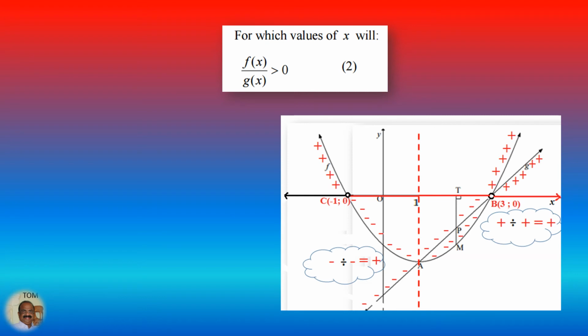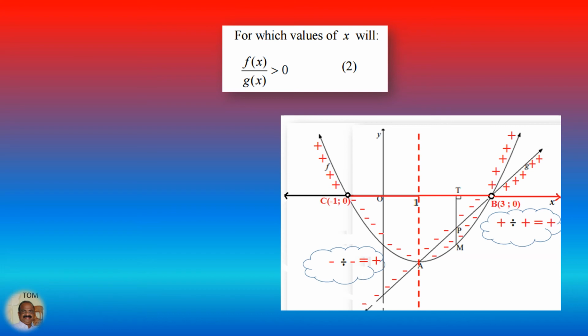All those areas with negative and negative downwards, negative divided by negative is positive. Again, look at the right side. We have f positive and g also positive. So positive divided by positive also will give us positive.